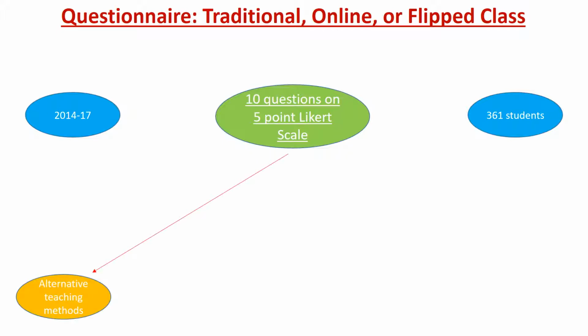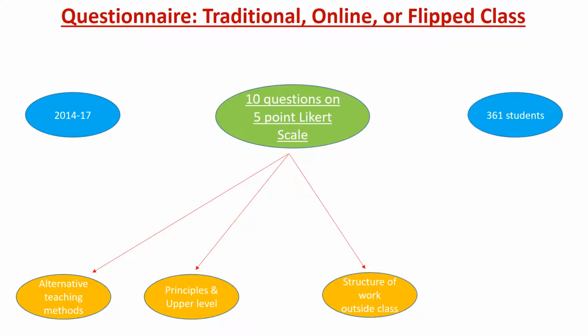The questions I've asked is about alternative methods of teaching, and this was conducted at principals as well as upper level courses. And then I also asked them about the structure of work outside the classroom, and then questions about reading versus video lectures.